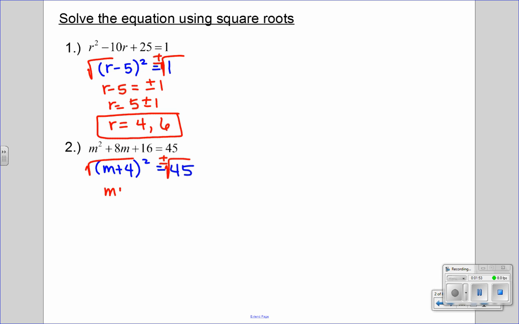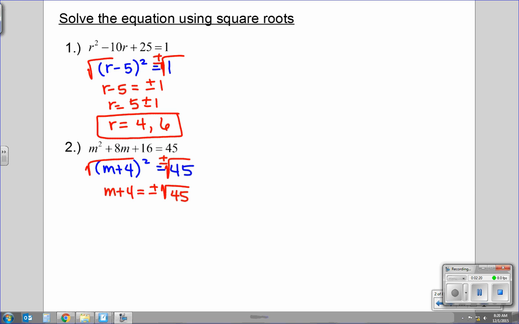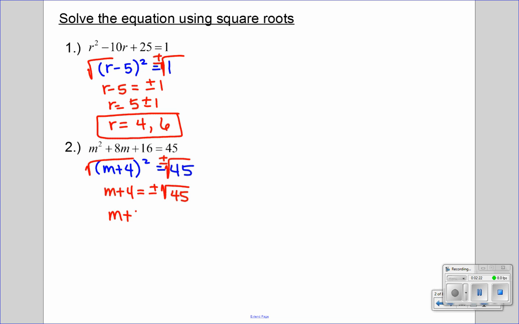So we have m plus 4 equals plus or minus the square root of 45. We still need to simplify our radical. So we now have m plus 4 equals plus or minus 3 square roots of 5, because 45 is 9 times 5.